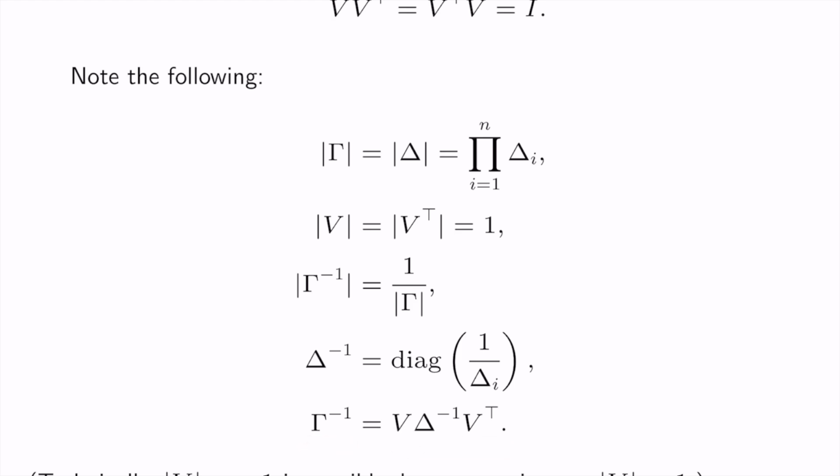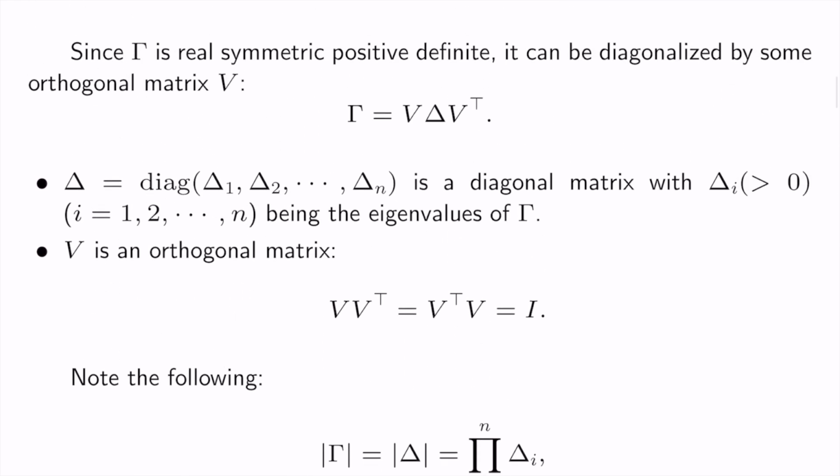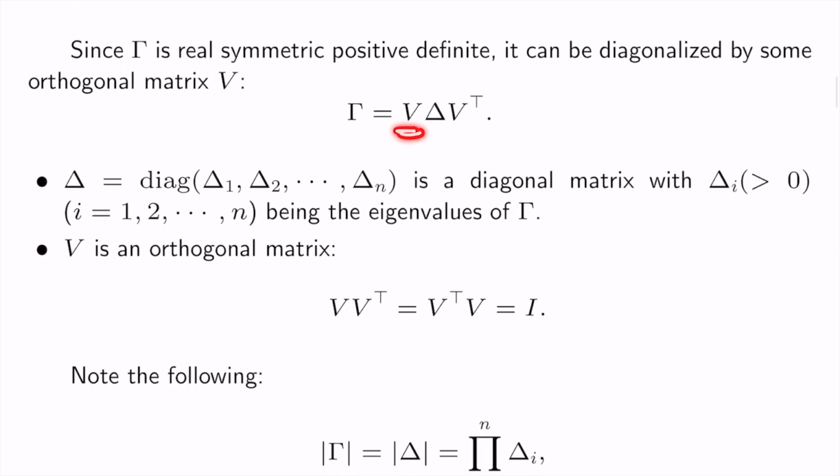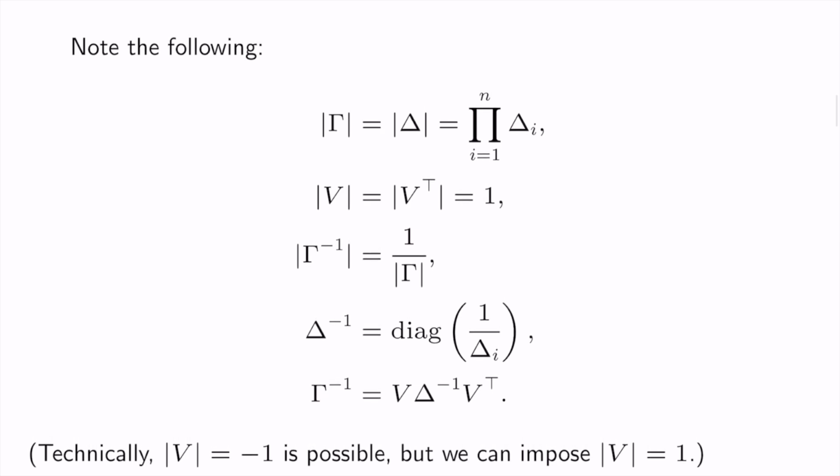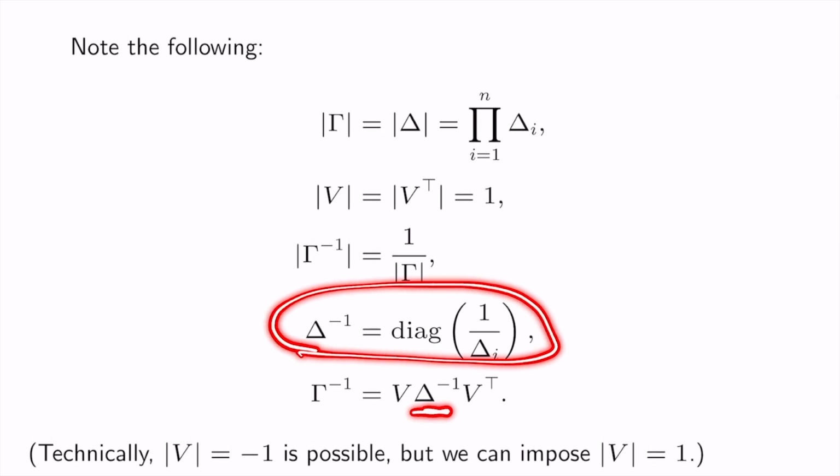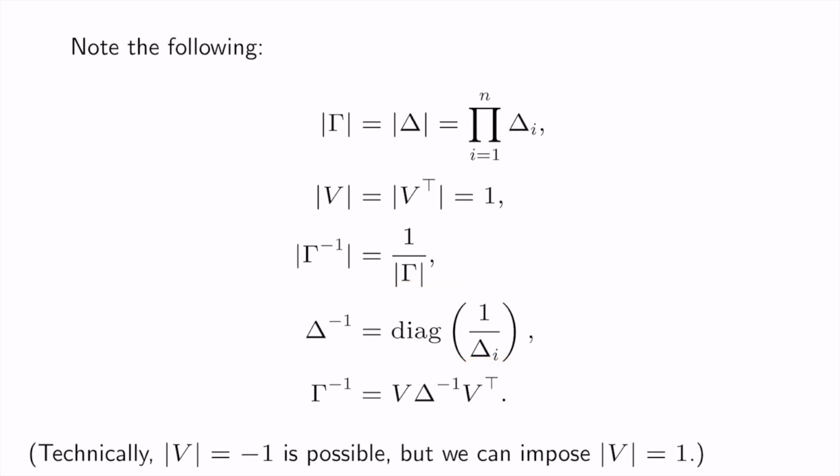So this V is the same V as we used in the diagonalization of gamma, and delta inverse is just this diagonal matrix and V transpose. Technically, the determinant of this matrix V can be negative 1 instead of positive 1, but we can always impose that to be positive by swapping the sign of one of the eigenvectors. So we assume this is positive 1.